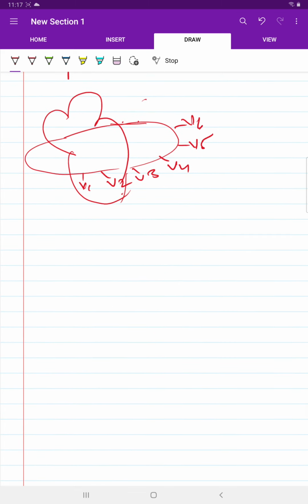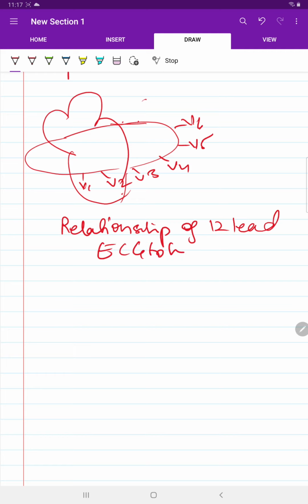See, now the most important part, the significant part, the relationship of the 12 lead ECG to the heart. Whenever we say there is inferior wall MI, anterior wall MI, lateral wall MI, why do we say so? Because the leads on the lateral side of the heart are showing the problem. So that is lateral wall MI, inferior wall MI.